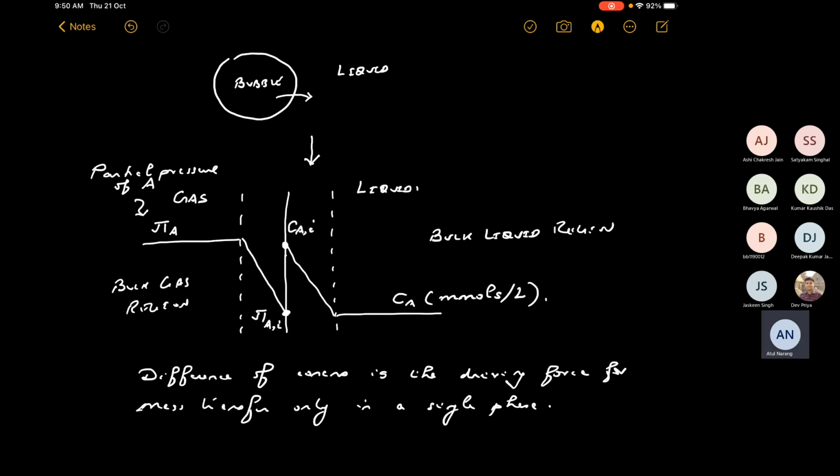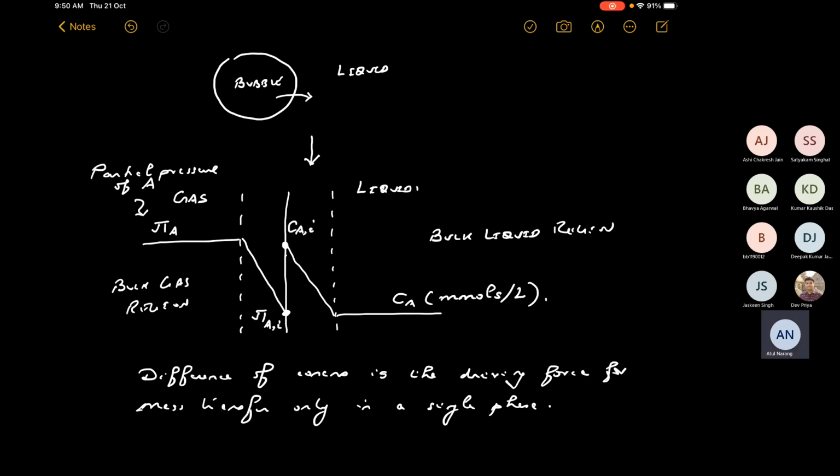In other words, as long as I am in the gaseous phase alone, or as long as I'm in the liquid phase alone, only then can I say that the flux will be proportional to the concentration gradient.